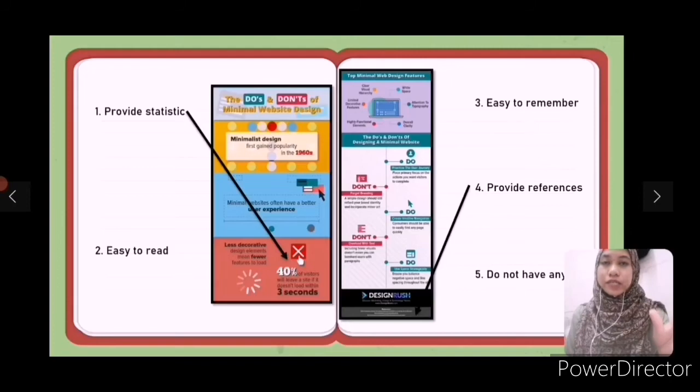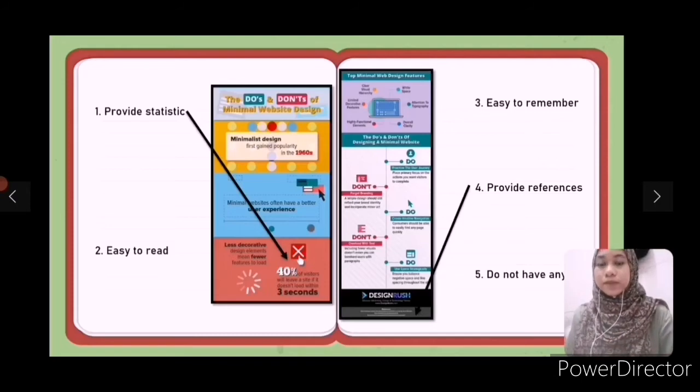Next, references. Yes, this infographic provides references, and as we can see, at the bottom of the infographic there are 3 references provided. So it eases the reader to make a reference in future need.